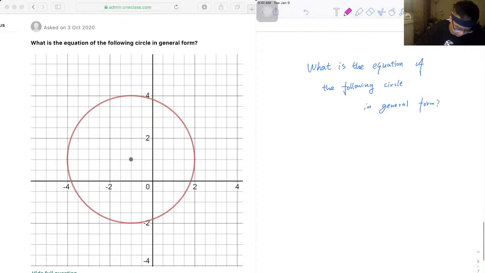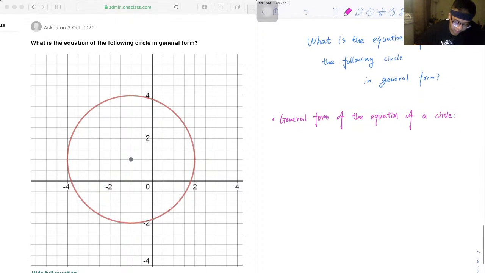Okay, so the general form of the equation of a circle is given by the formula x squared plus y squared plus dx plus ey plus f is equal to 0.